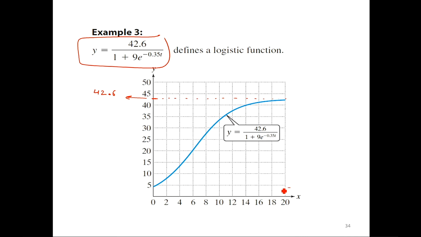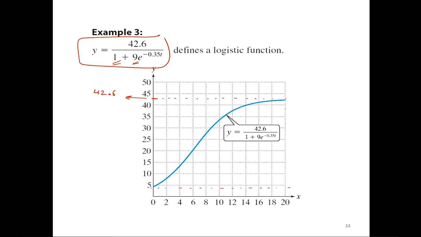And this is the minimum: divide by 1 plus 9, because when x equals 0, we have e to the power 0, which is 1. So we divide by 10, and the minimum is 4.26, because 42.6 over 10.